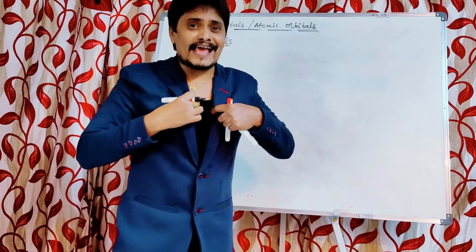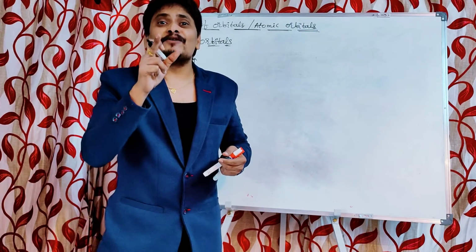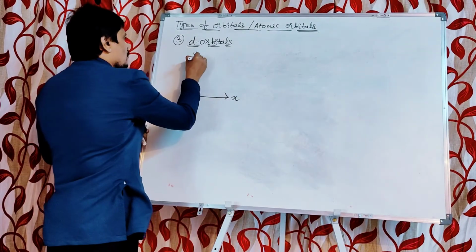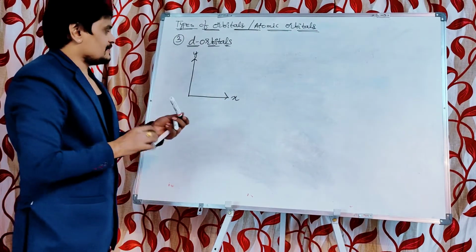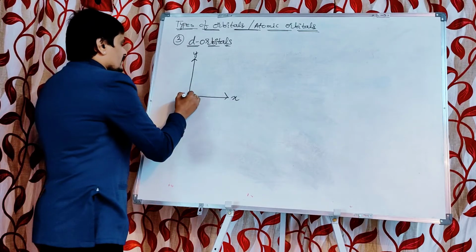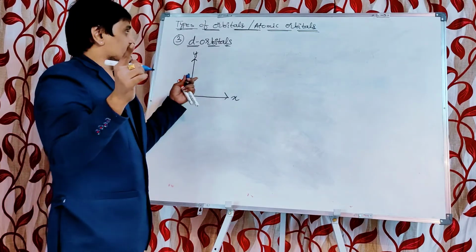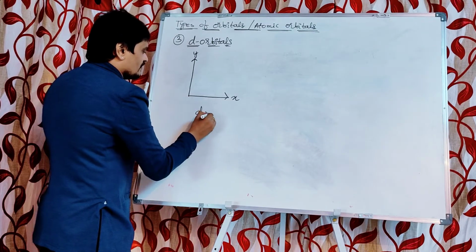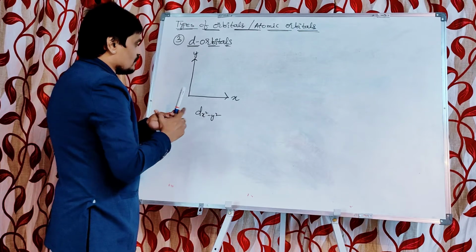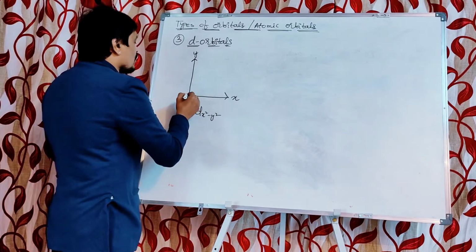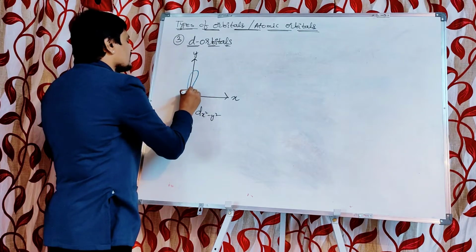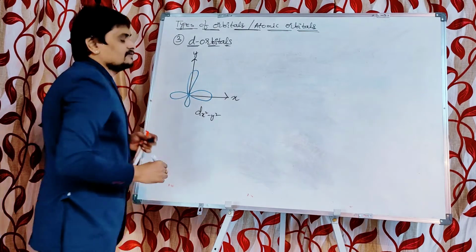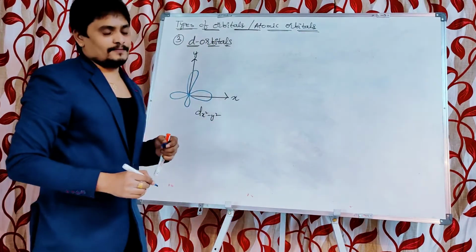One axis is the x-axis, students, and another axis is the y-axis. Since dx square minus y square is an eg set d orbital, the lobes are located along the axis.